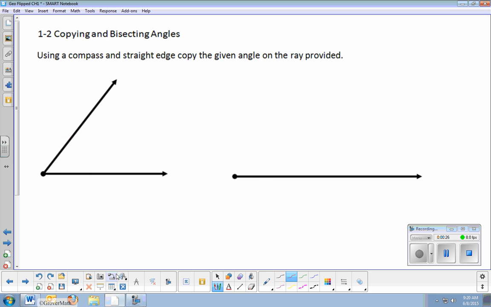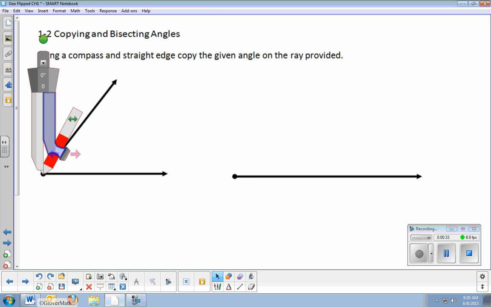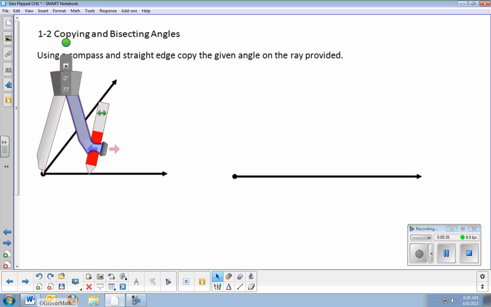And so we need our compass, of course. The first thing we do is we set our pivot at the vertex of the angle we want to copy and just extend really to any length you want, maybe about halfway.